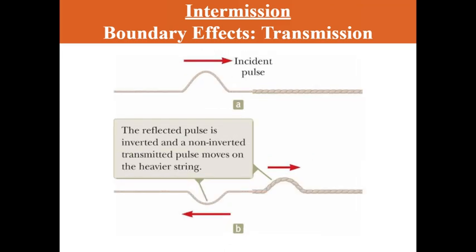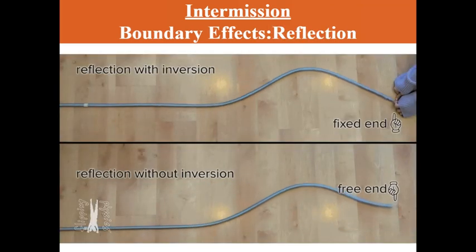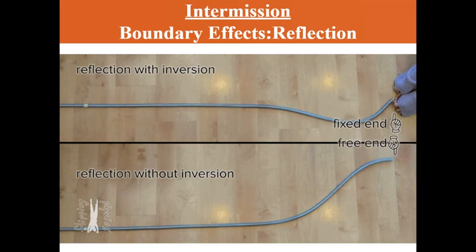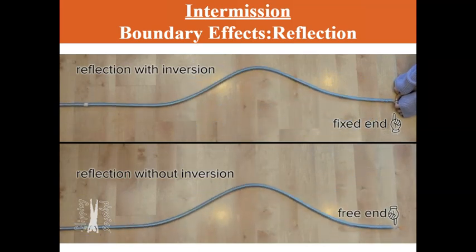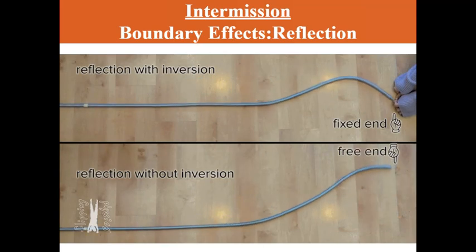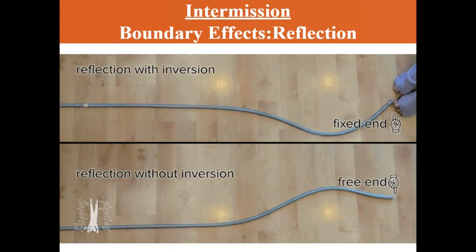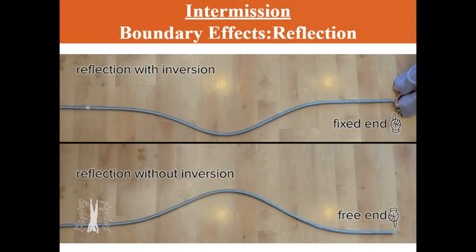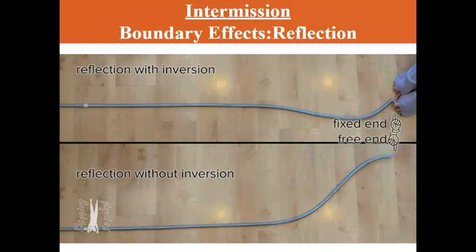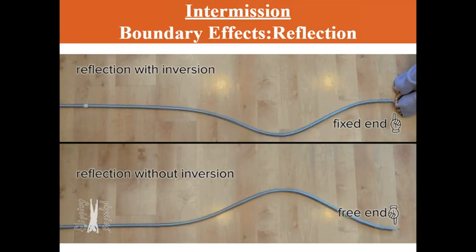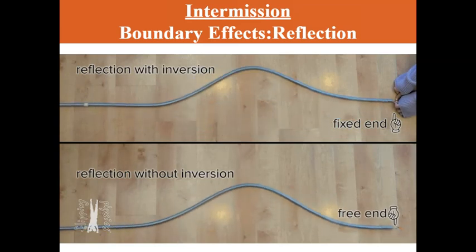One more thing to talk about is reflection, where a wave simply reaches the end of the medium and gets reflected back. If the end is fixed, either by hand or by a wall, some kind of hard stop at the end, then the pulse will be reflected out of phase.